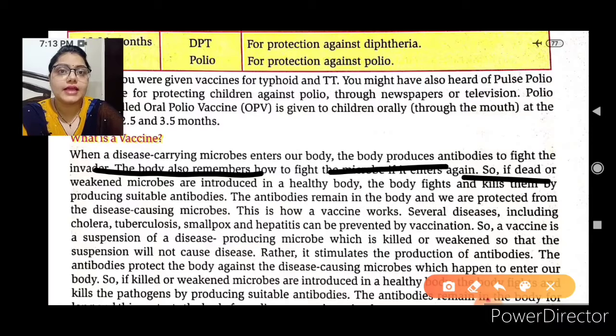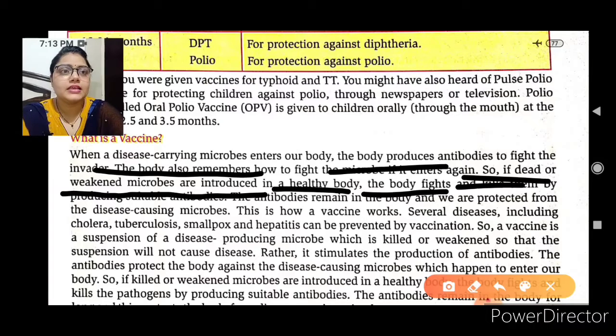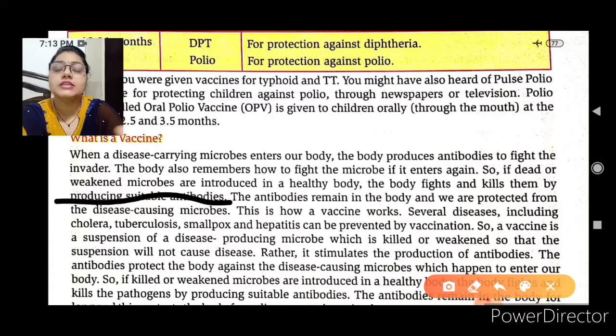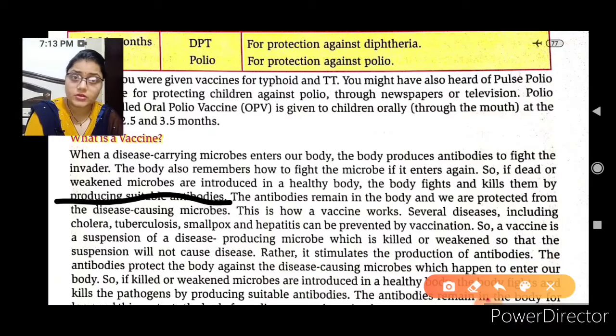So if dead or weakened microbes are introduced into a healthy body, the body fights and kills them by producing suitable antibodies.